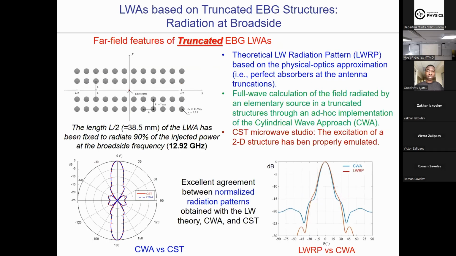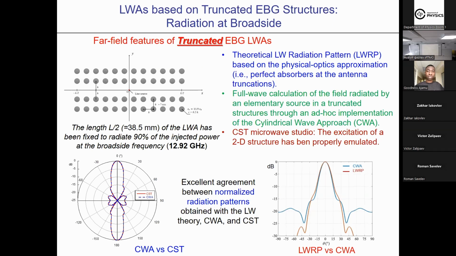Here, I truncated the structure, and during the truncation, I considered the size of the whole structure when 90% of the injected power at the broadside frequency is radiated. Since we have the truncated structure, I also use another method which solves the scattering and guiding problem for the truncated structure. This is called the cylindrical wave approach.